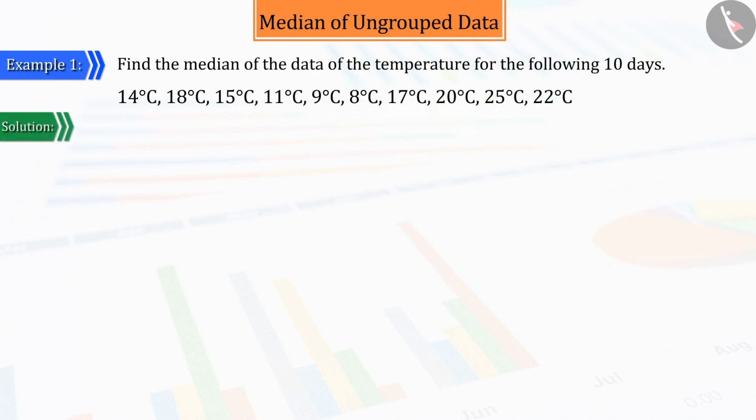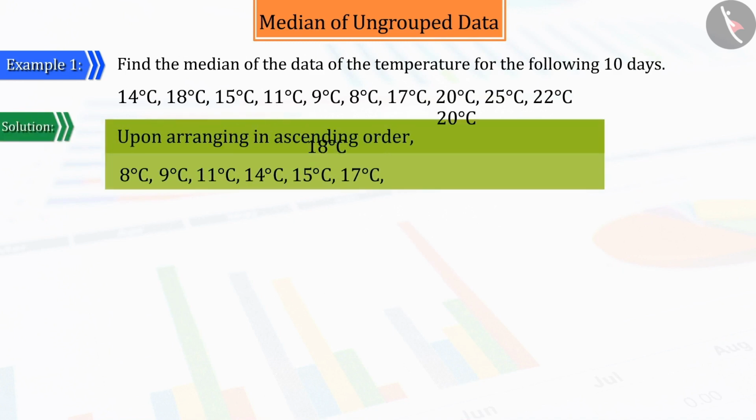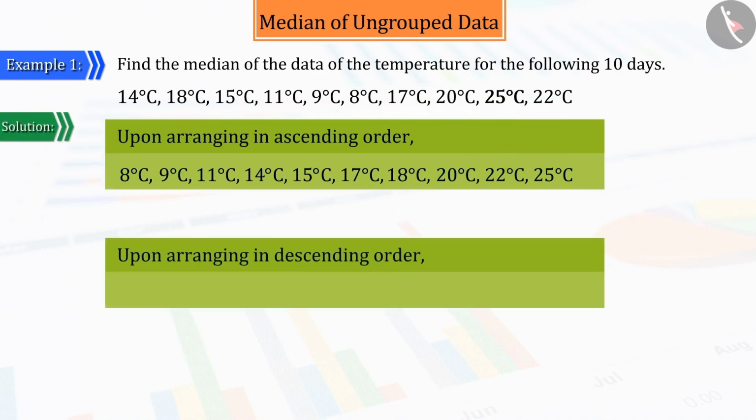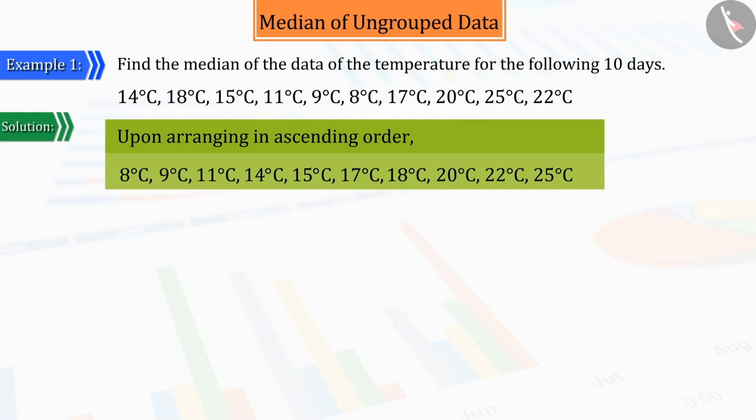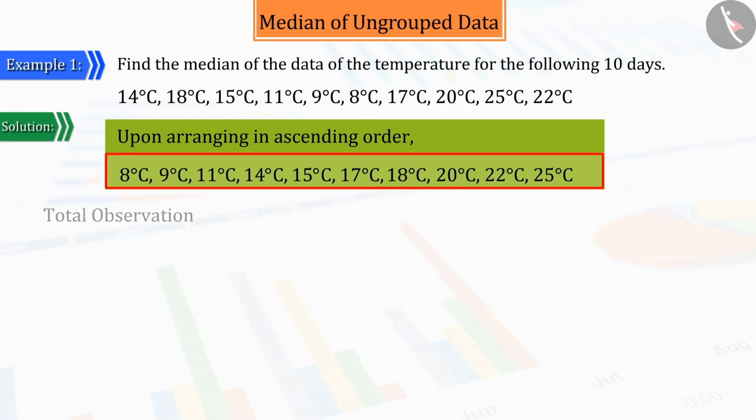For median, we first arrange the observations in ascending order or descending order. Then, we assess the observations and find whether they are even or odd. As you can see, the total number of observations given is 10, which is even.